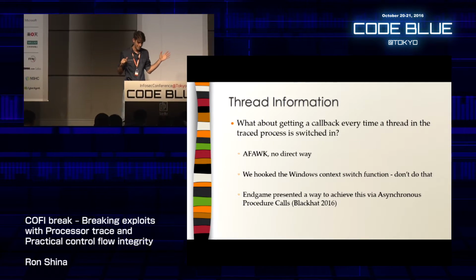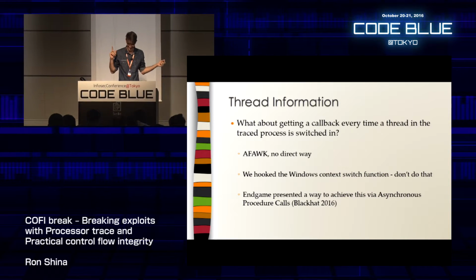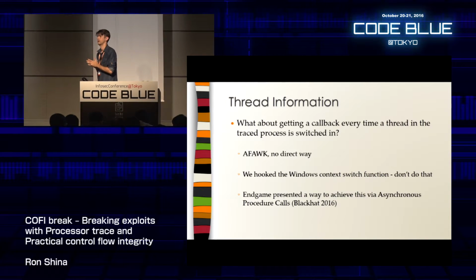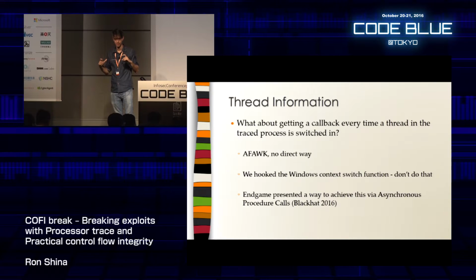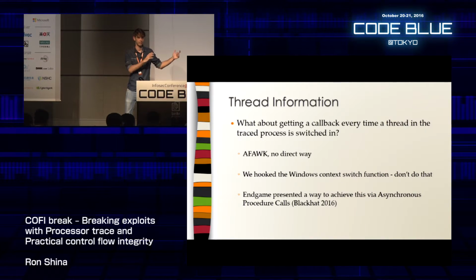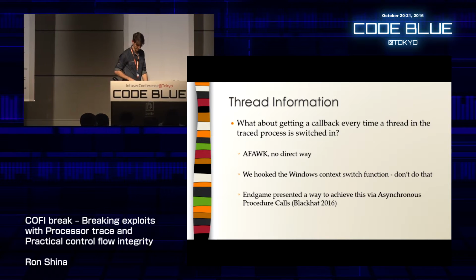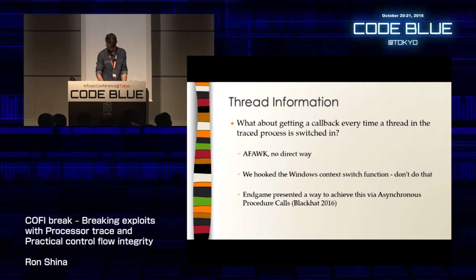So what we did, and some of you might have cringed already, was we hooked the Windows context switch function, which we wouldn't do for a product. But in their Black Hat lecture, Endgame presented a way of doing this using asynchronous procedure calls. So it's a kernel mechanism to get a callback when a thread gets switched in. And it's fairly straightforward to get what you really want from that. So that'd be a solution.